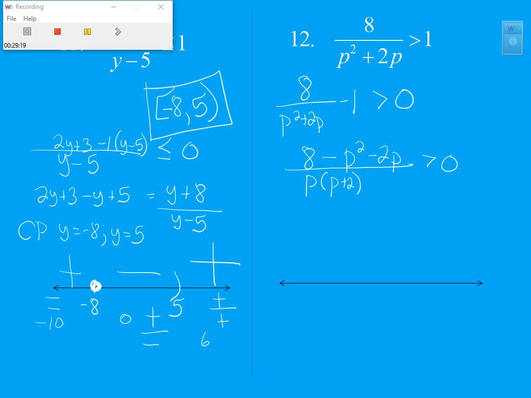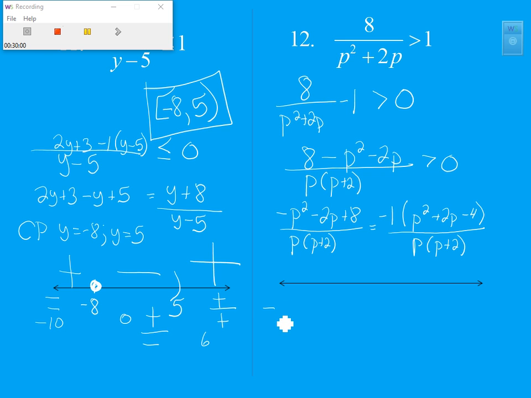So now we got a little bit of work to do. I'm going to think of the top as negative p squared minus 2p plus 8 over p times p plus 2. I don't like the negative p squared, so I'm going to take out a negative 1, which leaves me p squared plus 2p minus 4 over p times p plus 2.